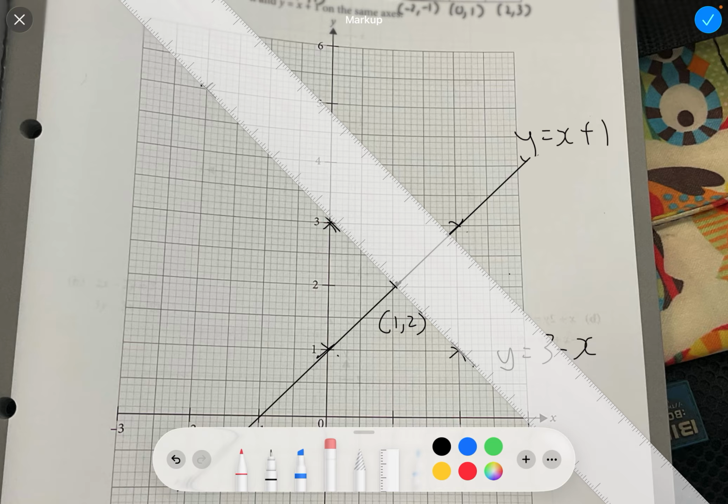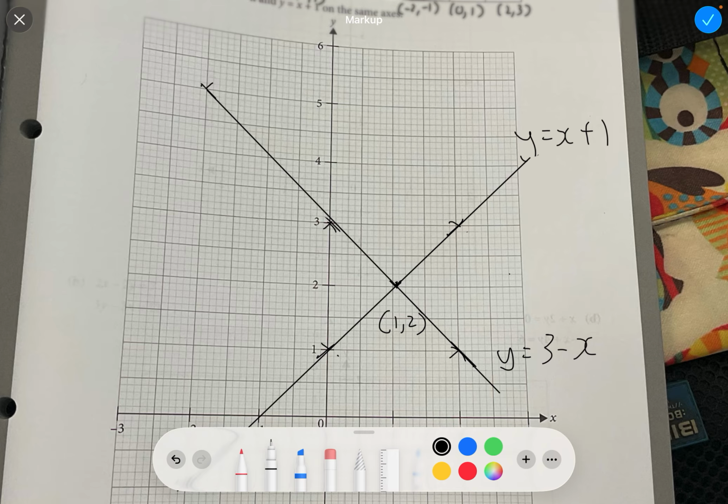Then at the same time, if I put the x and y into equation 2, you will find that it also balances. When x equals 1, right hand side is 1 plus 1, 2. Left hand side is only y, y is 2. So 2 equals 2, correct? So you can find that this intersection actually satisfies both equations.